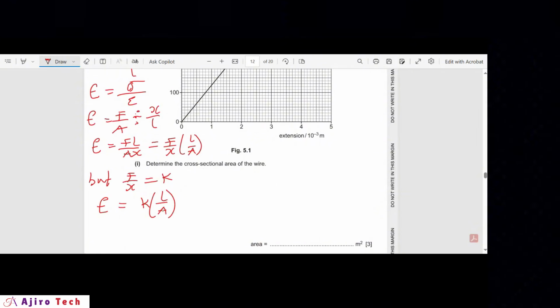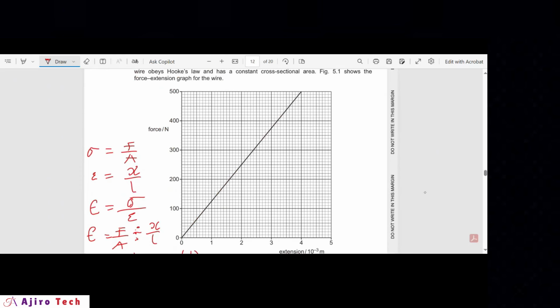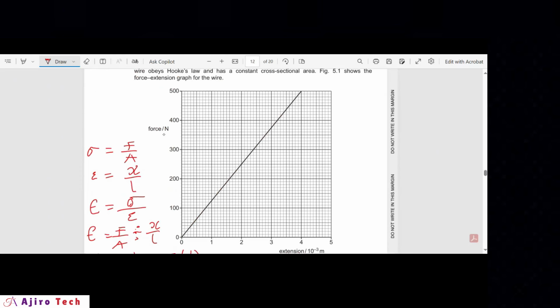Let's calculate k first, since we're looking for A. So A will give me kL over the modulus. k is the gradient of the graph. From 0 to the highest, that's 500, in units of newtons.